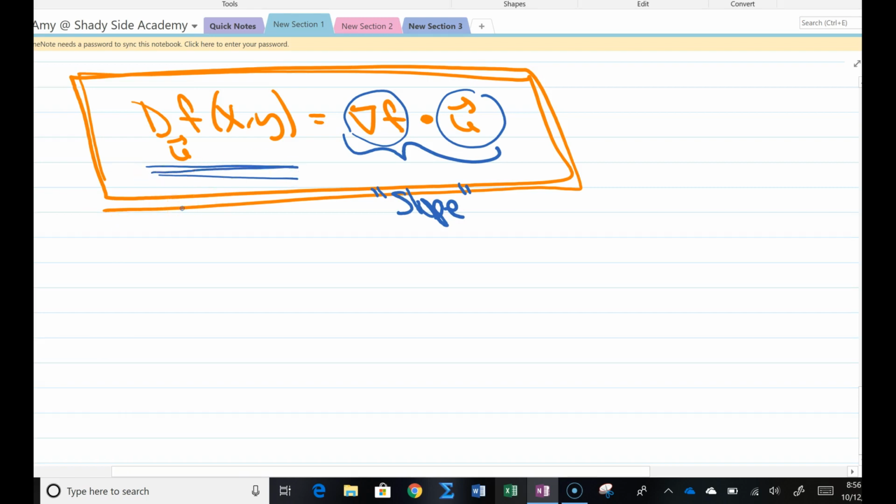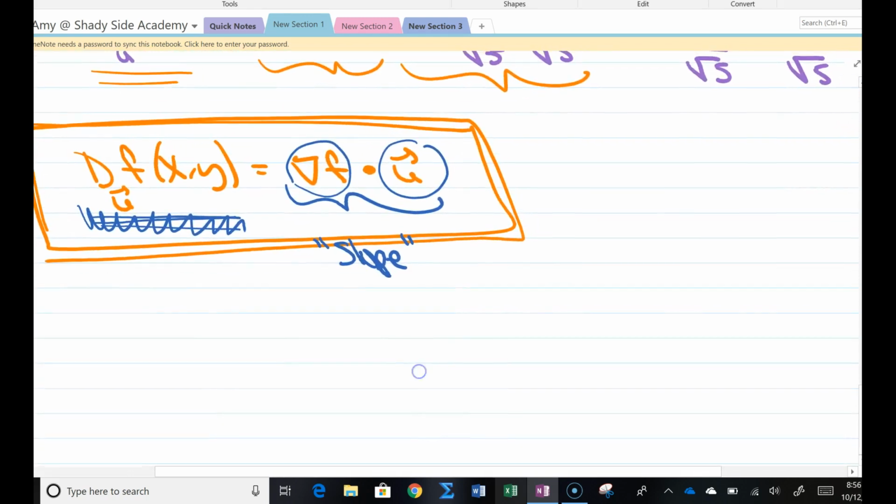In other words, is there a relationship between the angle between these two vectors and the maximum value that the directional derivative could be?